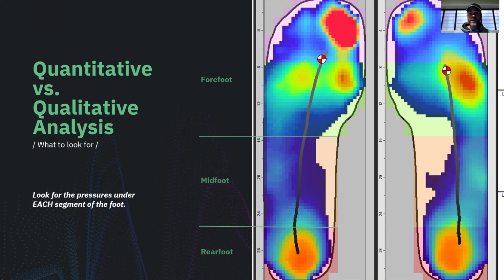Also, we can look for pressures under each segment of the foot.